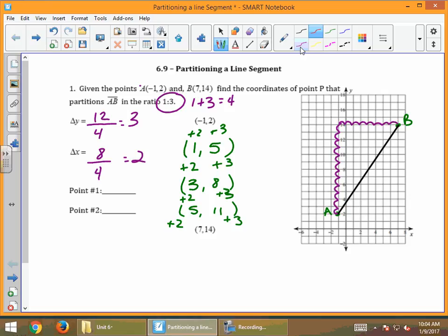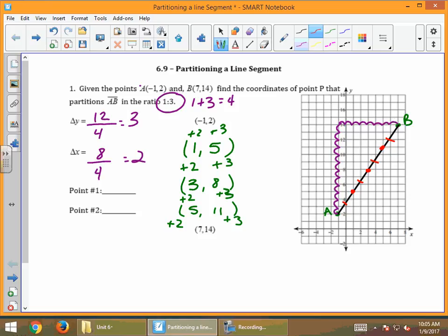If we plot them, you don't have to plot them when you do this problem, we're just doing it for a good visual. We plot all these points: 1, 5, 3, 8, 5, 11. You notice there's 1, 2, 3, 4 equal parts. So the distance in between all those points is the same exact distance.